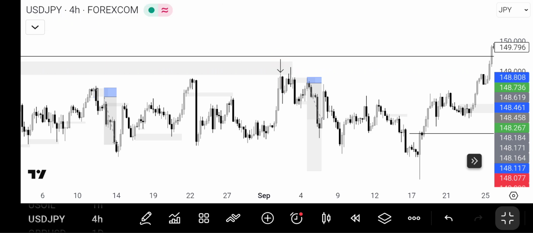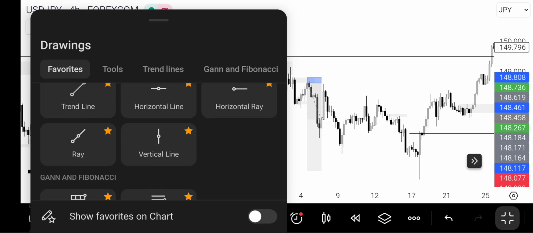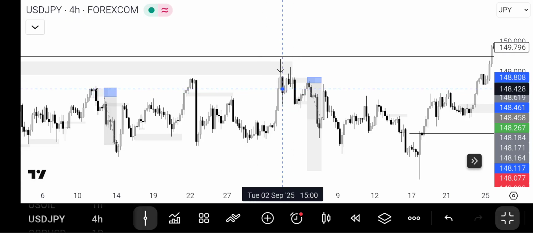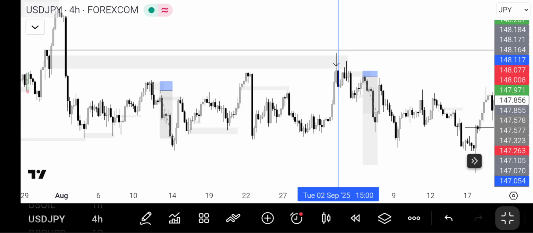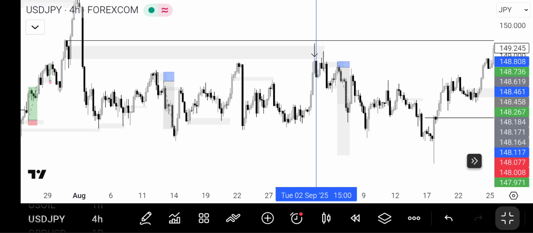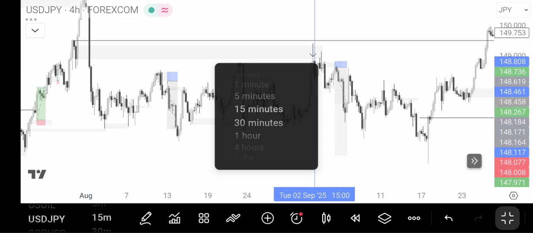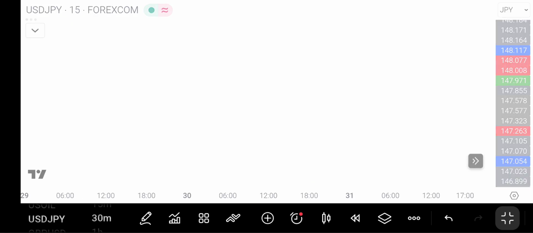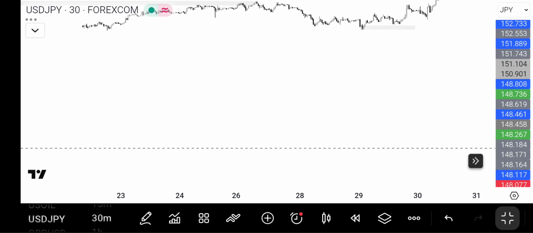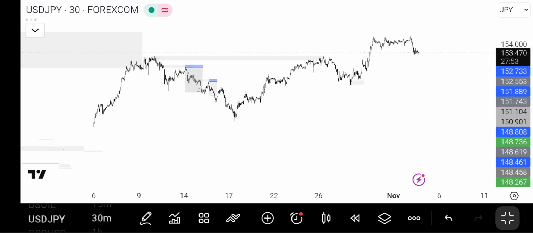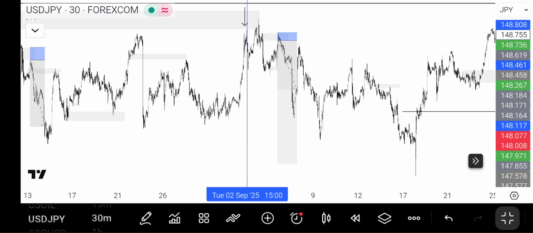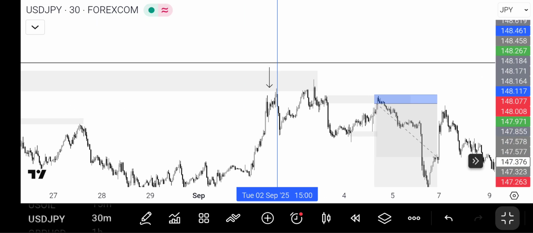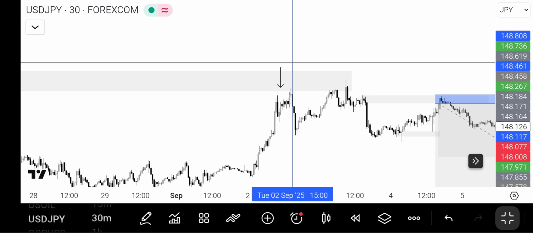So guys, you just have to backtest and see if the pairs you want to trade happen to do this, so that you don't get faked out all the time. Alright, let's go to the 30 minutes. Remember, this was our 4 hours order block, which is our buyer's order block.